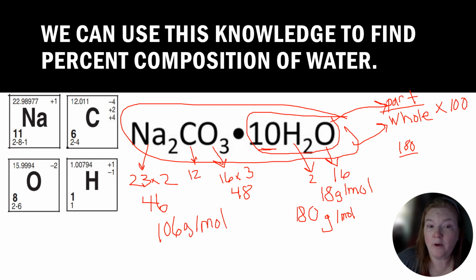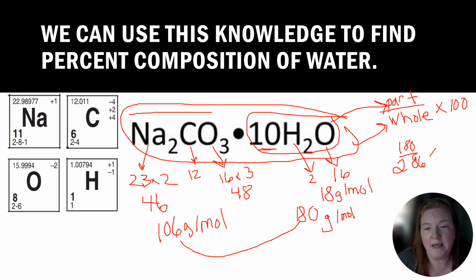But that is not the whole thing. That was the sodium carbonate part. So what I need to do to find the whole thing is add these two together. So that is going to give me 286. So that's the whole thing, and then times 100. That will give me the percent composition of water in a hydrate.